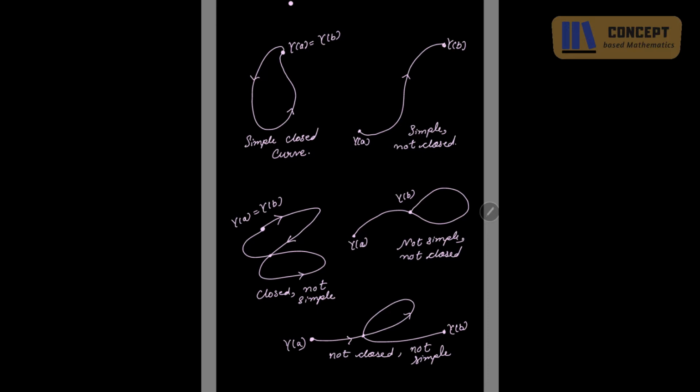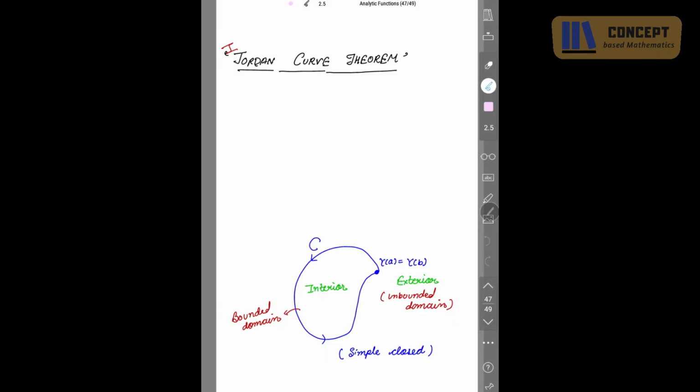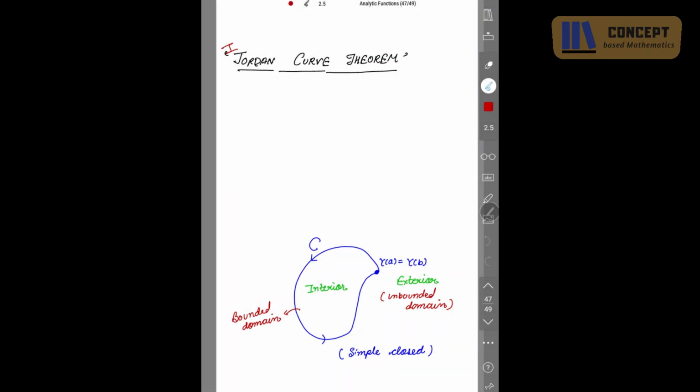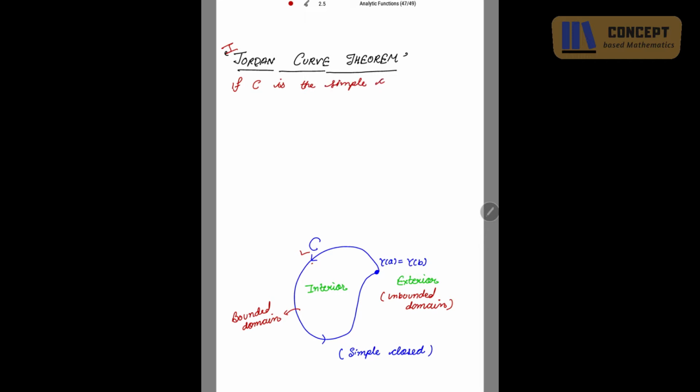So we have the Jordan curve theorem now at the next page. That is, if C is a simple closed curve, then the complement of C. What is the complement of C?